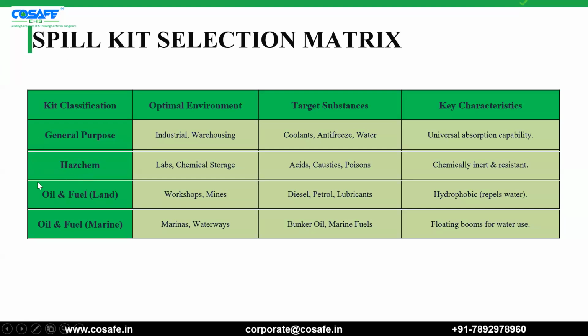Oil and fuel kits give you normal PPE like hand gloves, goggles, and a normal N95 mask. But HAZCHEM provides a proper cartridge mask, coveralls, gloves, and shoe covers. They provide everything. So according to the application and the chemicals you are using, you have to select your spill kits.